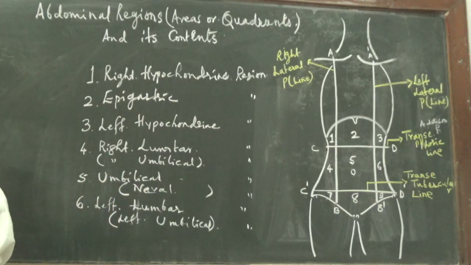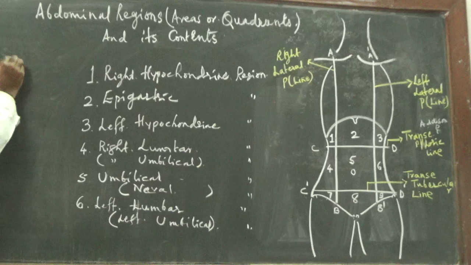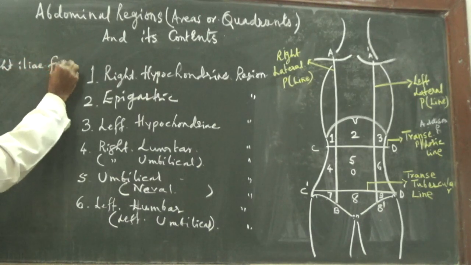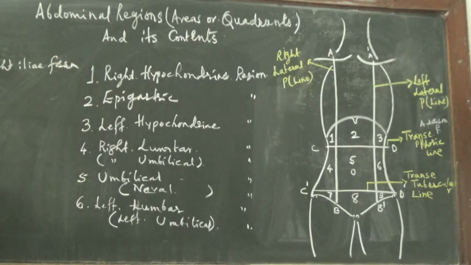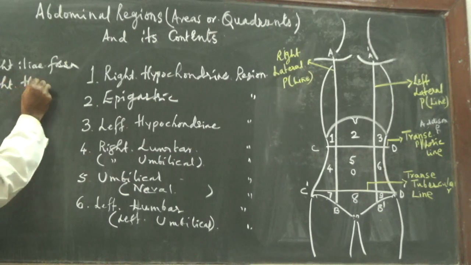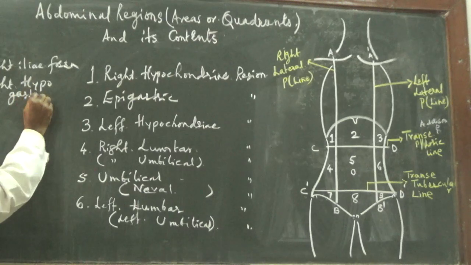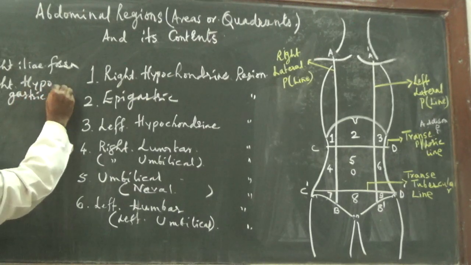Seventh, right iliac fossa, also called the right hypogastric region.